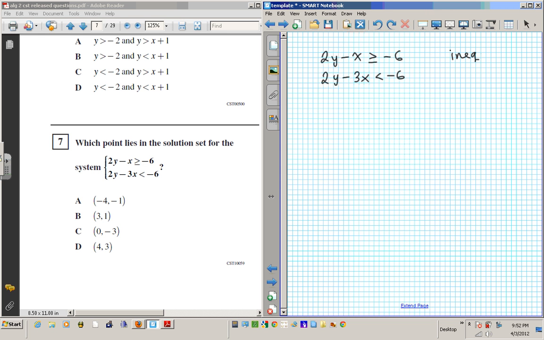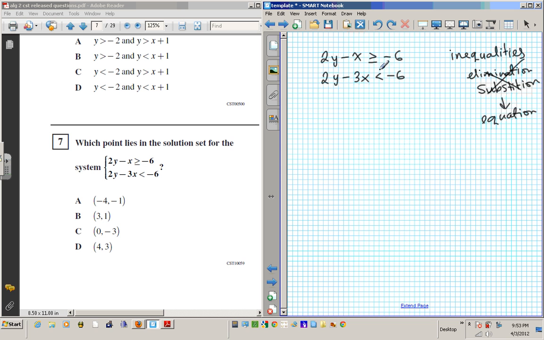If you have a system of inequalities, elimination and substitution are no good. You can't use those for inequalities. These only work for equations, equalities. This is not an equation, this is an inequality.